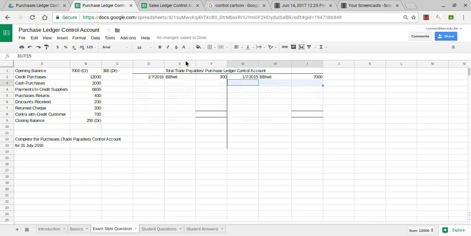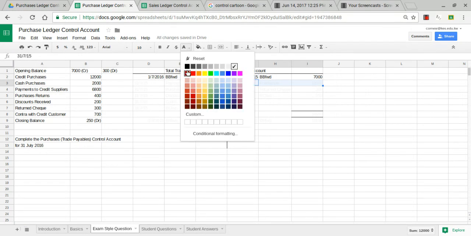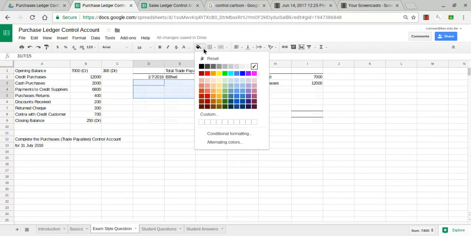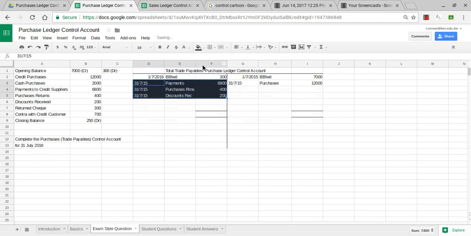We debit purchases, credit the supplier, and therefore we credit the control account. Payments to credit suppliers, purchase returns and the discounts received we've already talked about. They all go on the debit side because it reduces the amount of money that the business still owes to the suppliers.